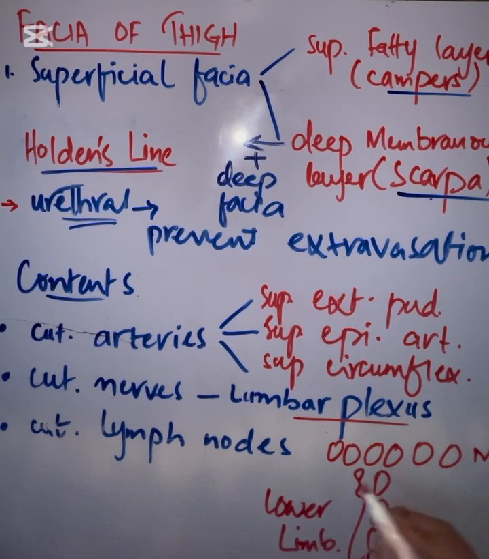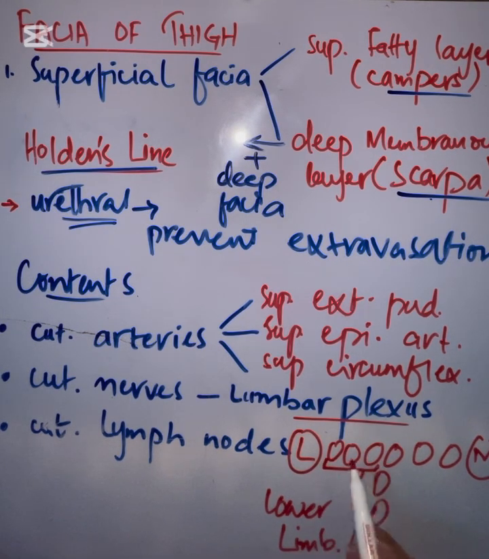If this is the medial side and this is the lateral side, the lateral side of the T drains the infraumbilical area of the lateral side of the abdominal wall, plus the gluteal region. And the medial side, these lymph nodes, drain the infraumbilical area of the medial side of the abdominal wall, plus the genital region.